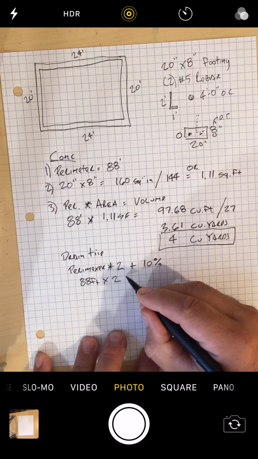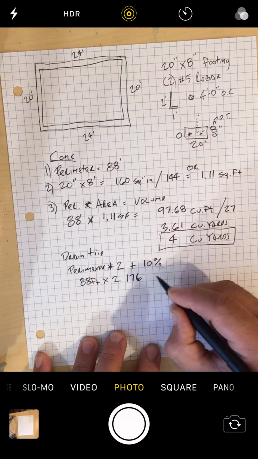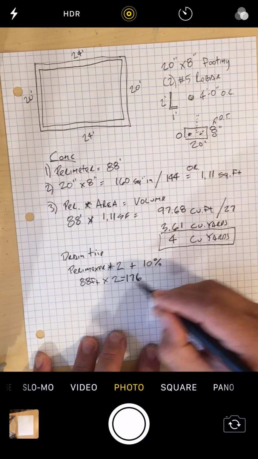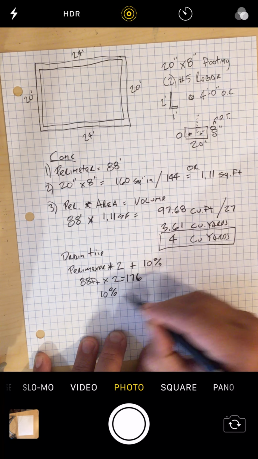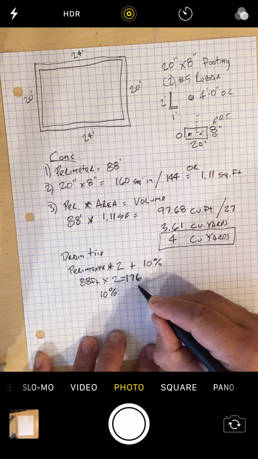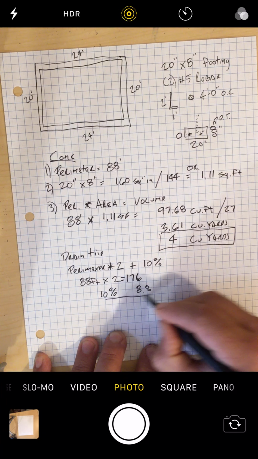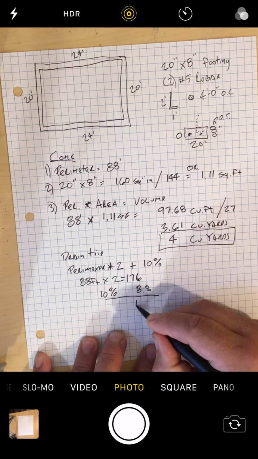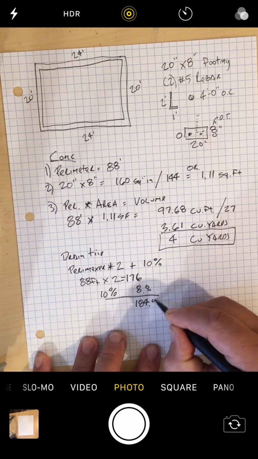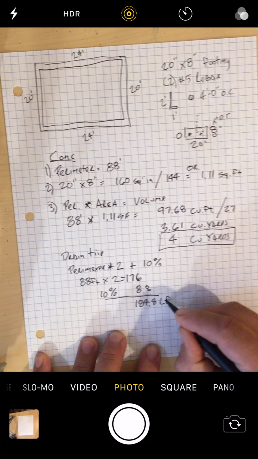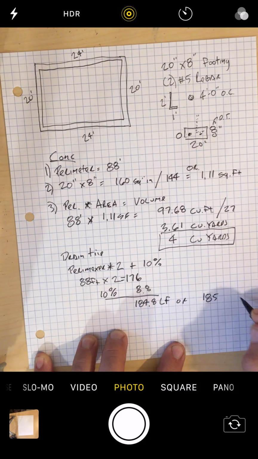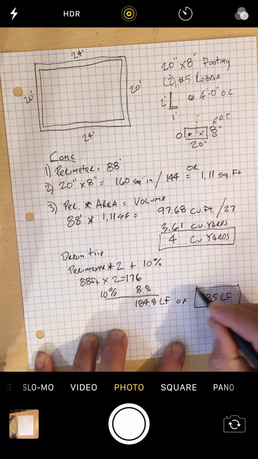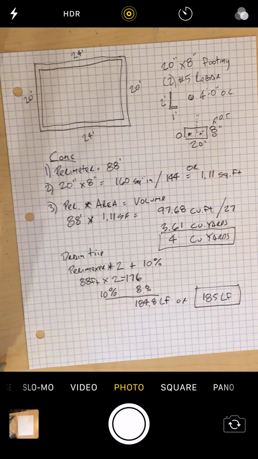So that's going to equal 176. And then we've got 10%, which is 8.8. So that's going to equal 184.8 lineal feet, or we're just going to round it up to 185. And that's our answer for that.